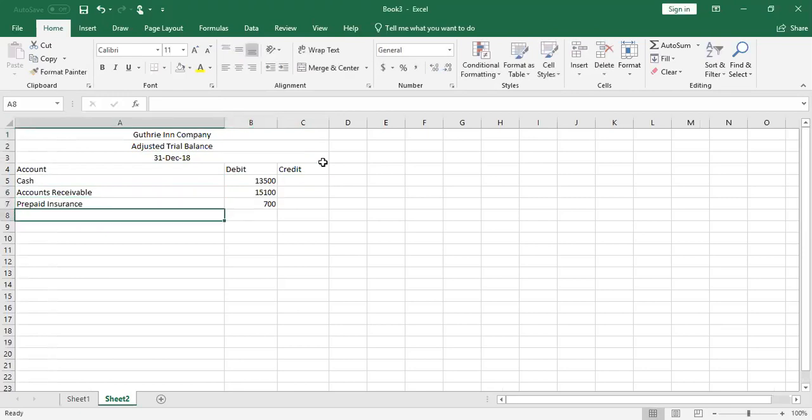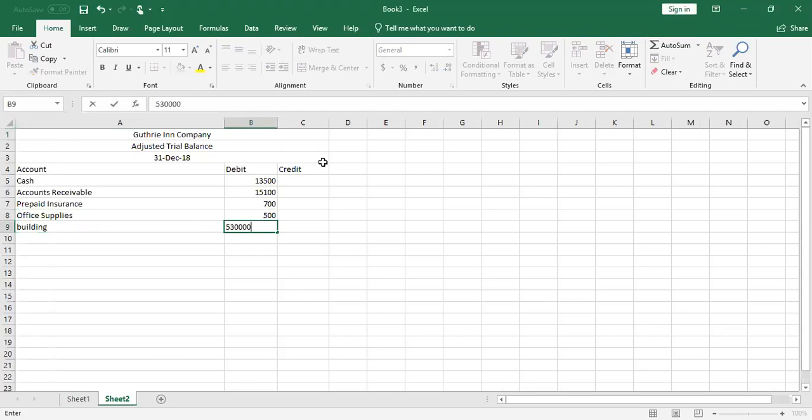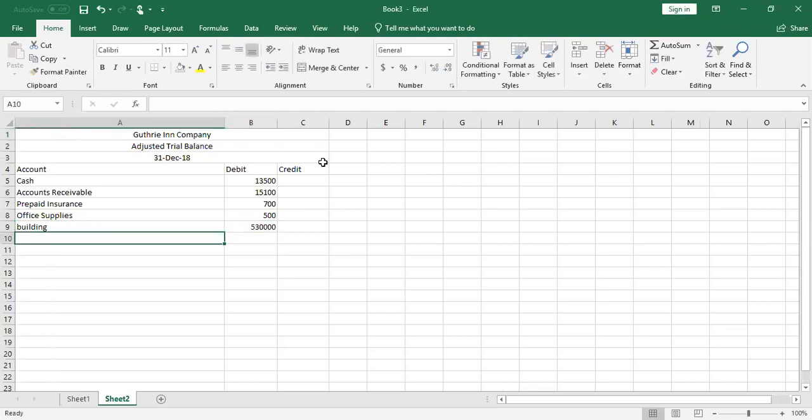It's a debit of $700. Office supplies changed as well, debit of $500. And then the building, that didn't change, but we put it down again. Still there, $530,000. And the final asset, accumulated depreciation building, be careful, that is a credit balance, $261,200.